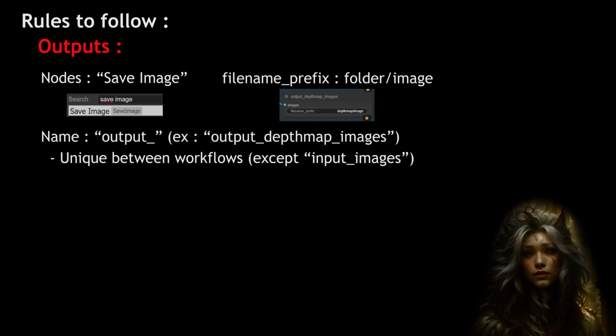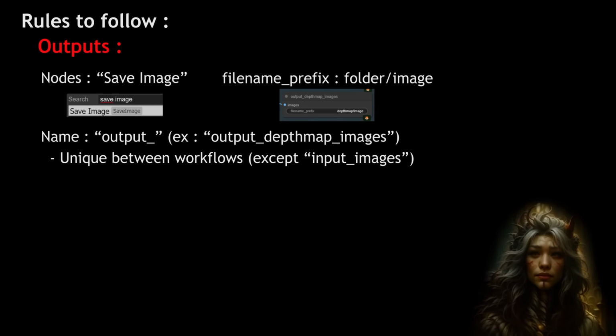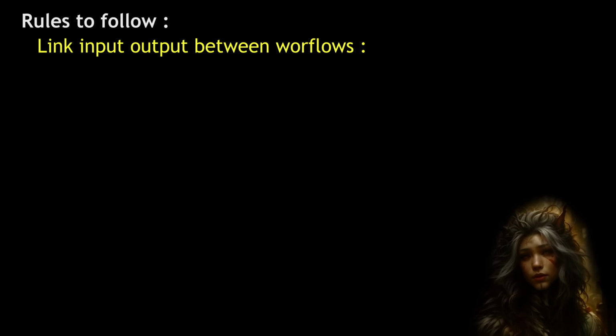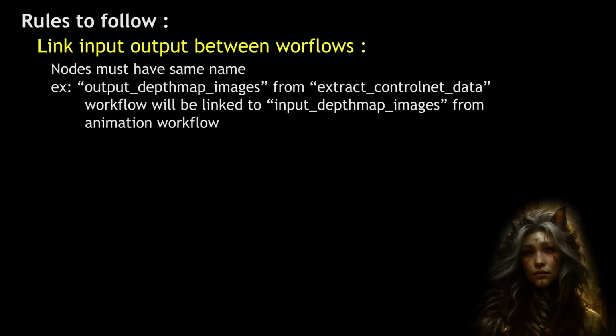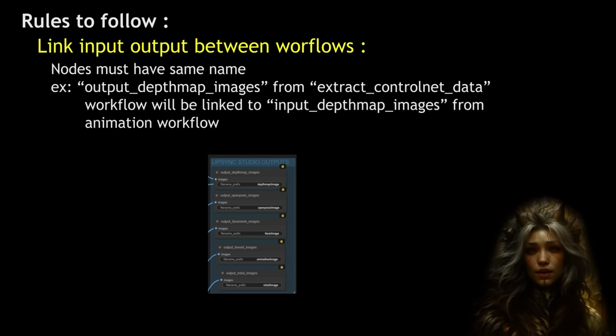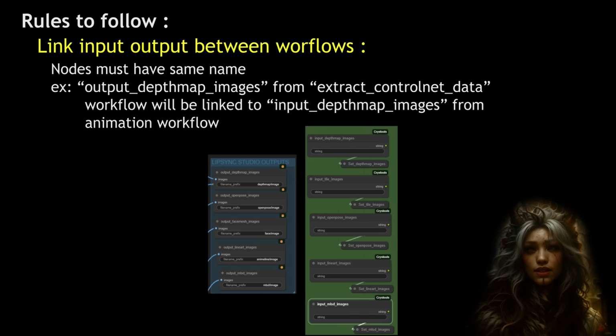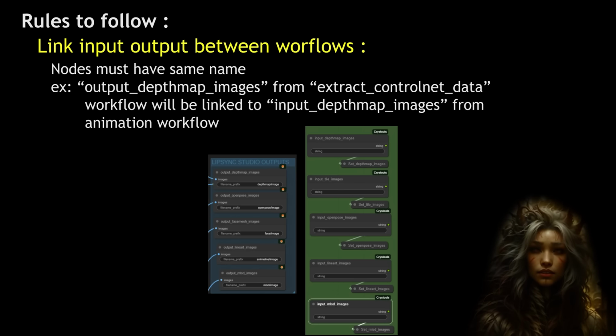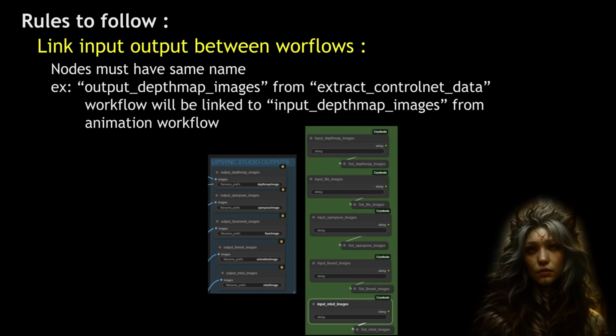They must have a name in the format output_something. To link inputs and outputs between workflows, they must have the same name. For example, output_depth_map_images from the first workflow will automatically populate the input_depth_map_images in the next workflow, so it will not appear in LipSync Studio UI.